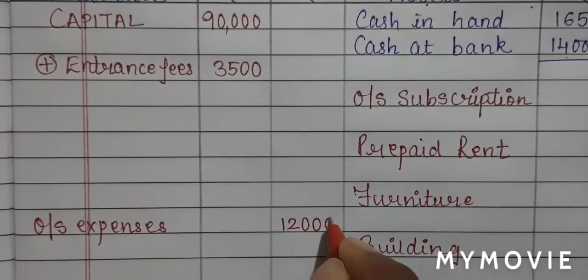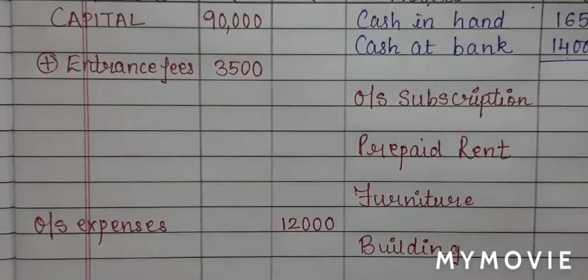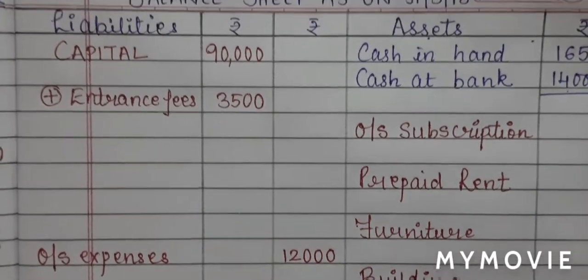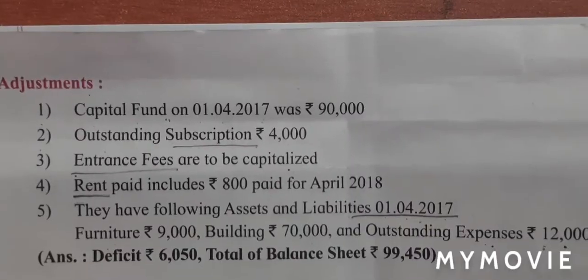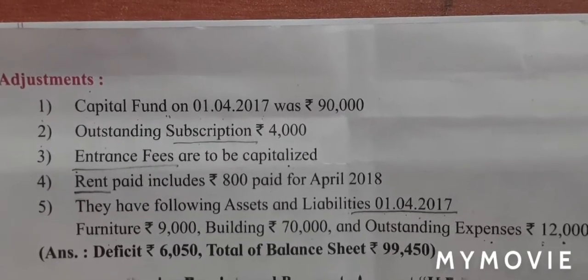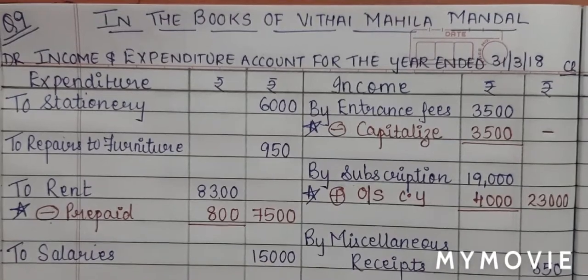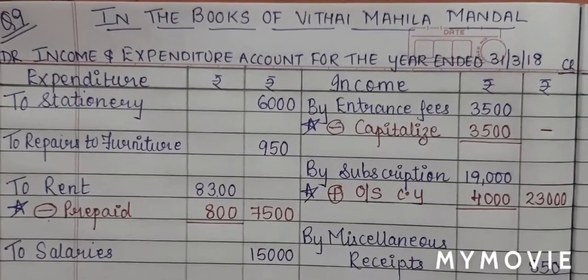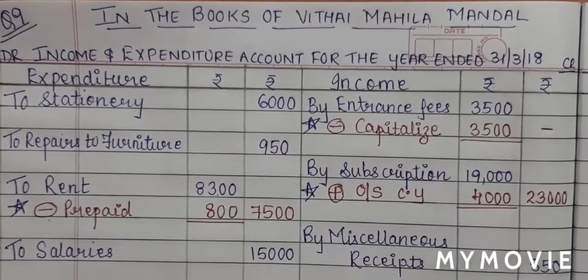Since it's my opening balance, it has to be written only once. So students, we have now completed step number 4, adjustments. Now do the last step, that is step number 5, closing the books of accounts.